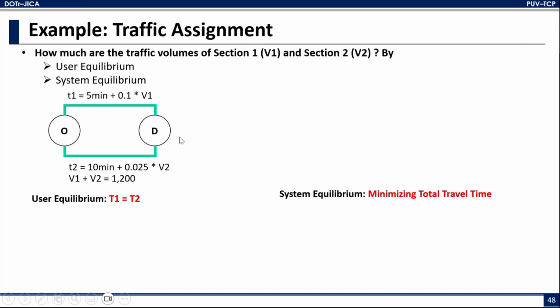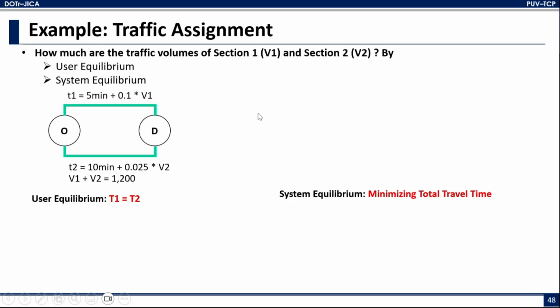This one I also prepared for the on-site capacity sessions. How much are the traffic volumes of section 1 and section 2? I would like to ask anyone to answer.